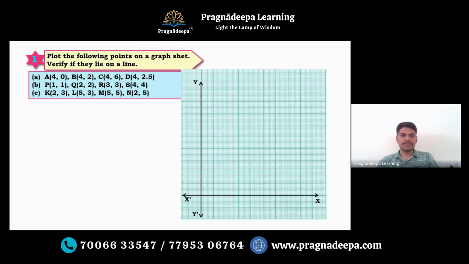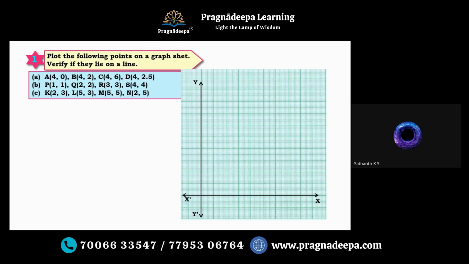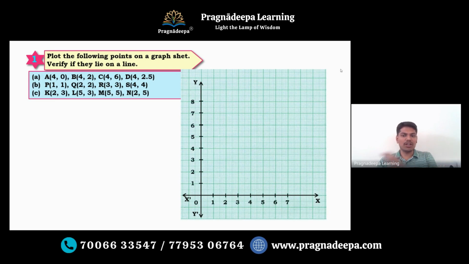You know? See, on the x-axis I have taken 1, 2, 3, 4, 5, 6, 7. And on the y-axis also I have taken 1, 2, 3, 4, 5, 6, 7 because it is easy to take the step of 1.